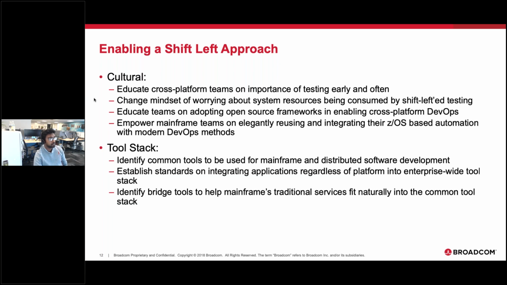The other thing I've noticed is that there needs to be a change in the mindset of worrying about system resources being consumed by shift-left testing. I've heard, especially on the mainframe side, hey, if I test all these things early on, I'm burning a lot of MIPS for that. But there are options for that today. In z/OSMF, you can provision things in your dev environment. There are containerized options.